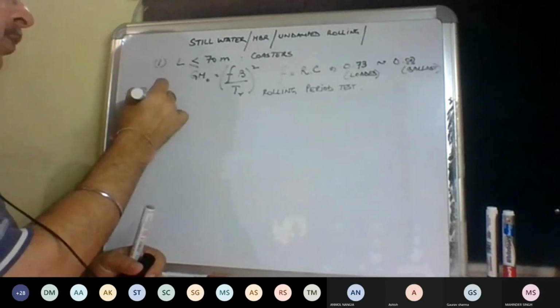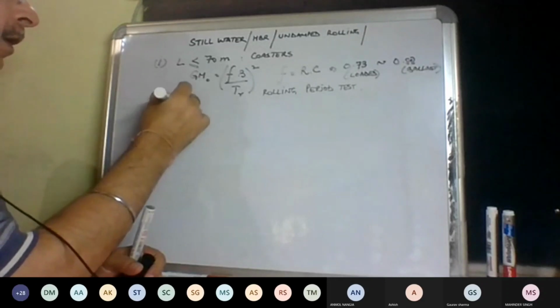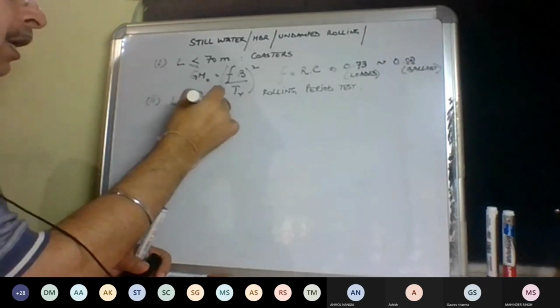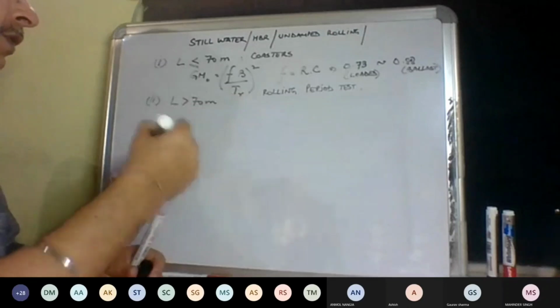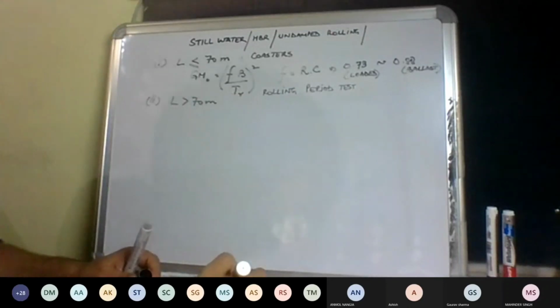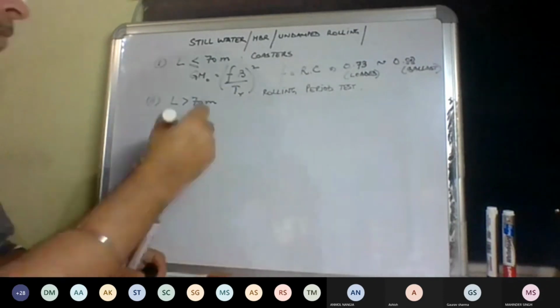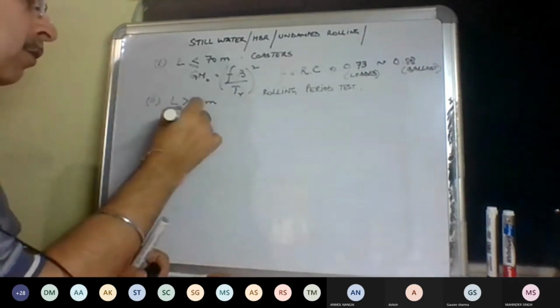For larger vessels, which are more than 70 meters, for the time period of roll there is a formula.